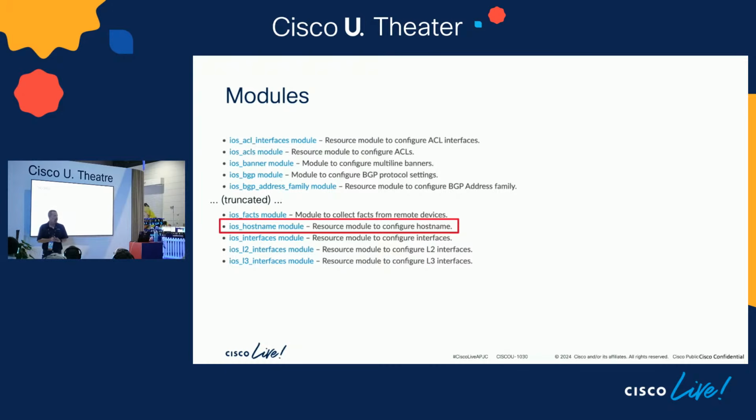And then we get into modules. This is what actually does something in Ansible, okay? Modules are part of collections. I did not add collections here, but a collection is a group of modules. So for example, if I want to interact with Cisco IOS, then I would use the collection cisco.ios, and that provides me a great big list of modules that I can use.